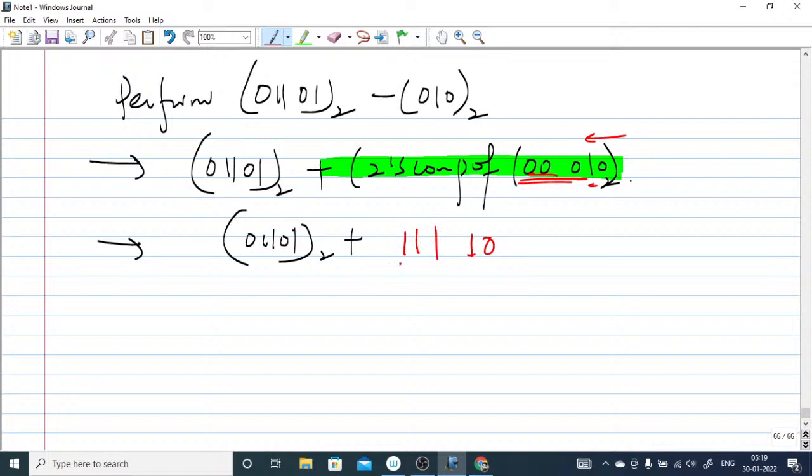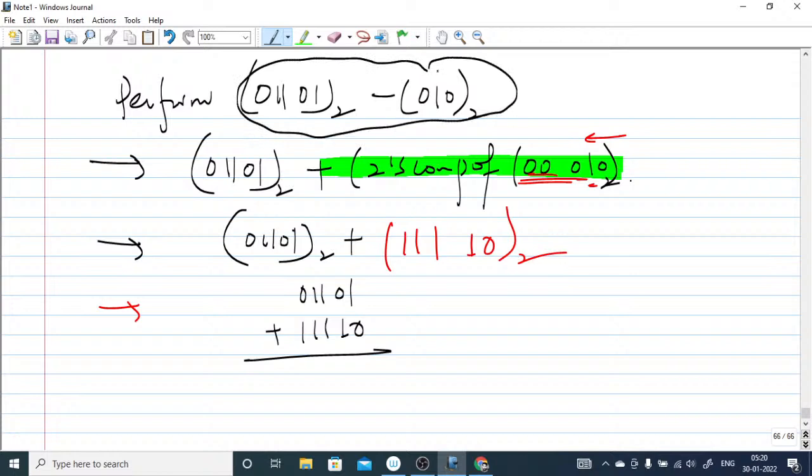Now you can add them, because they are in binary, so adding 0 1 1 0 1 and 1 1 1 1 0, using 2's complement. Now see, after all, a minus b is given, so you can write this as a plus 2's complement of b.